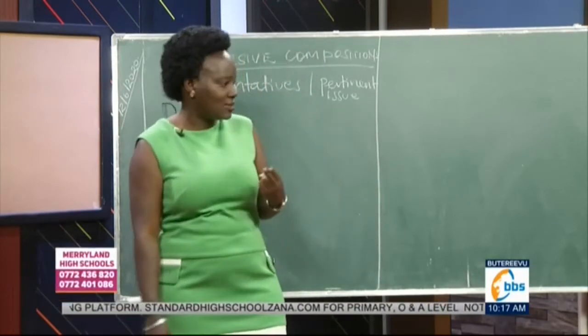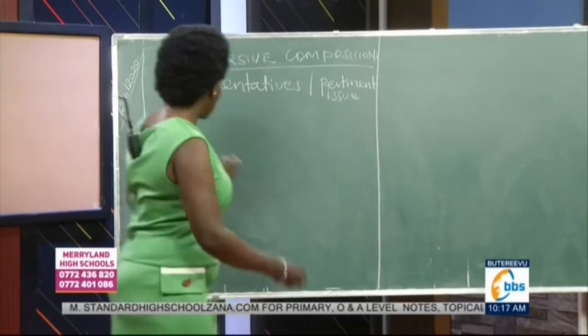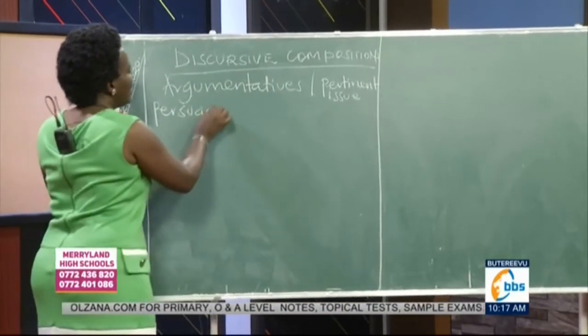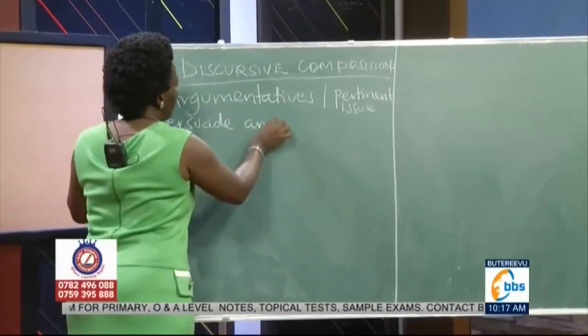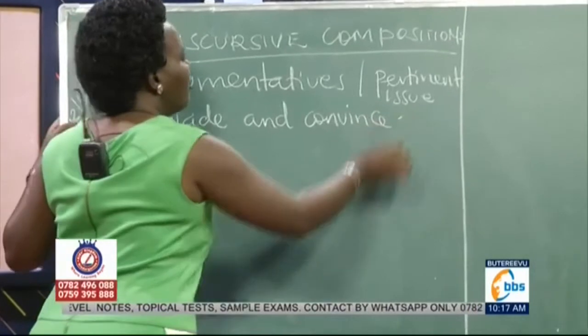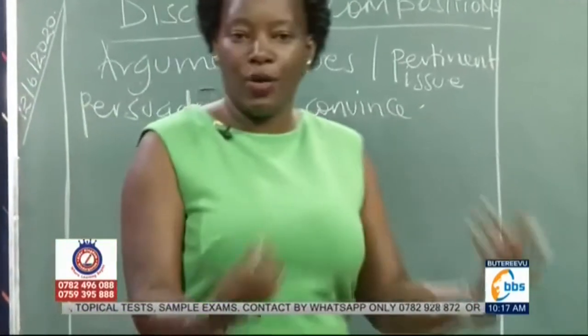So we are saying that a student is supposed to persuade and convince. Now these two words, persuade and convince, are very important when it comes to discursive writing, okay? Some people do not know how to convince. And before they convince other people, they are already annoyed.